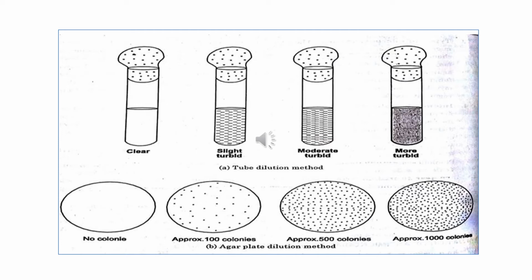Moderate turbidity means a little more growth, and finally more turbid means maximum growth is seen in this tube dilution method. Same with the agar plate method. First there are no colonies. After some time there are approximately 100 colonies. After some time there are 500 colonies, and after 2 to 3 days there are 1000 colonies. So these are the tube dilution method and agar plate method.